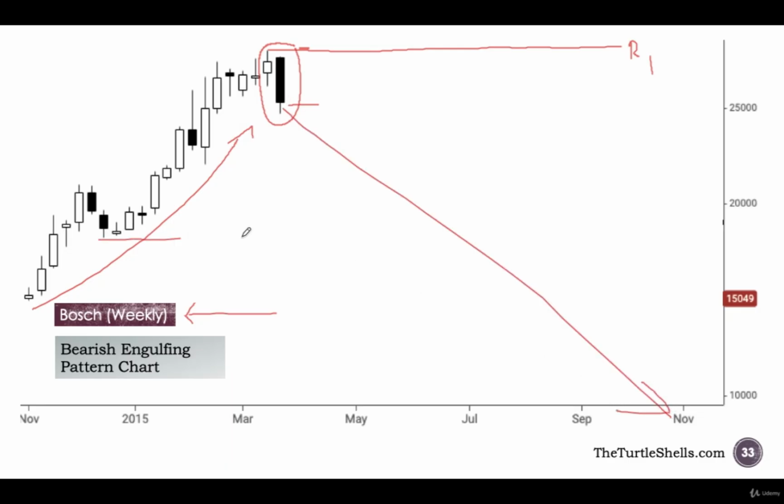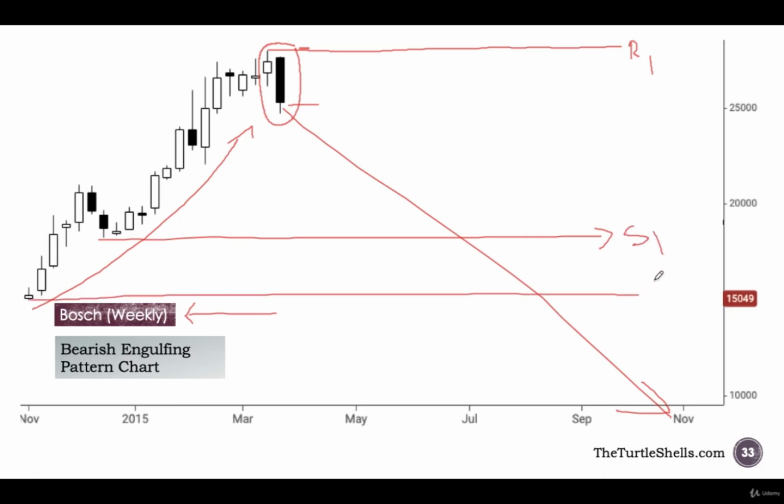Considering this as S1, and considering this, if that was a turning point, then that would be S2. That would be a nice reward to risk trade. That's our risk, and that's our reward if we are aiming at S2, or at S1.